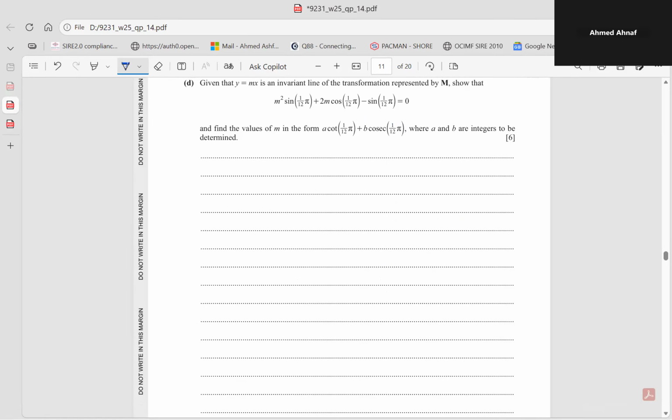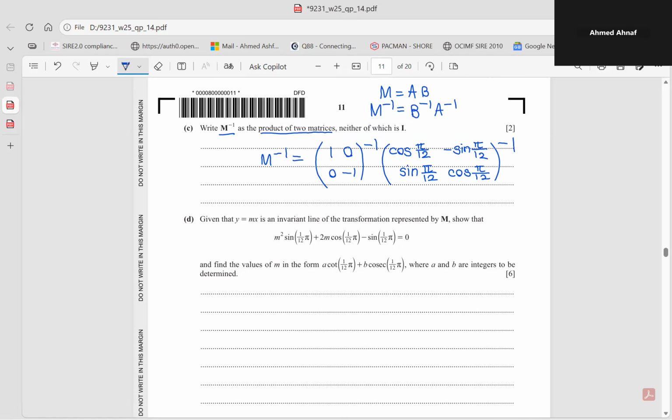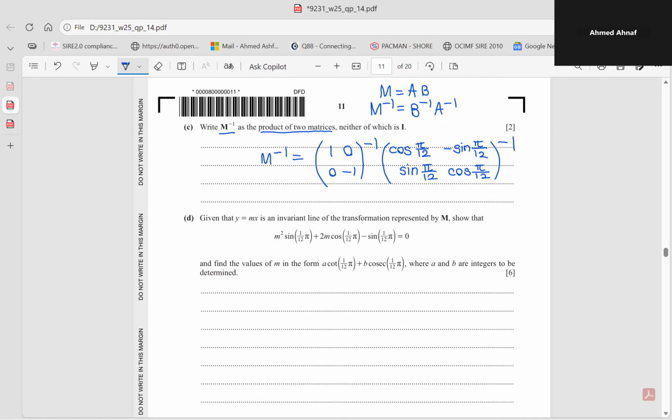Let's move on to the last part. Okay, so before we get started with part D, I didn't complete my answer in part A. You're supposed to evaluate these completely. So the first one, I'm just gonna do it on my calculator because I'm quite lazy.